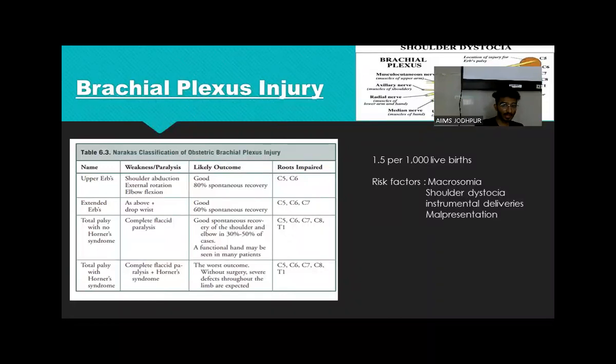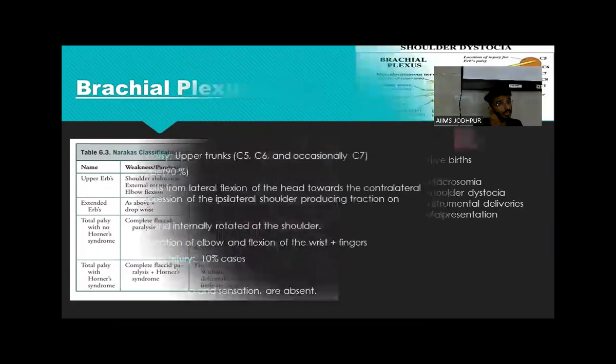The risk factors are macrosomia, shoulder dystocia, instrumental deliveries, and malpresentation. This is the NARAC classification of obstetric brachial plexus injury. It majorly looks at the outcome of the various injuries. We will come back to it.